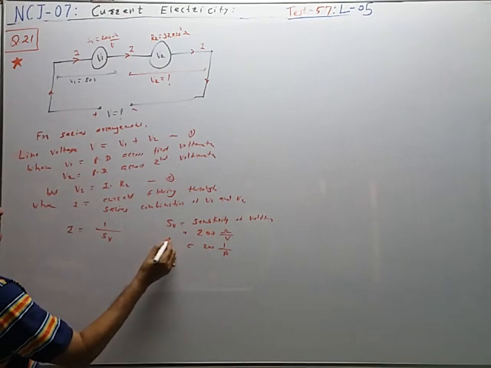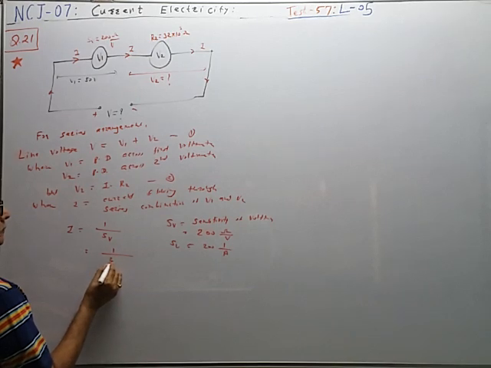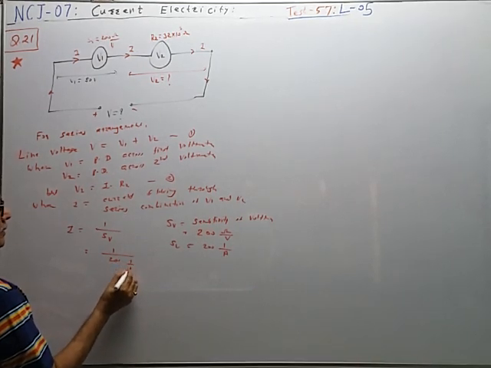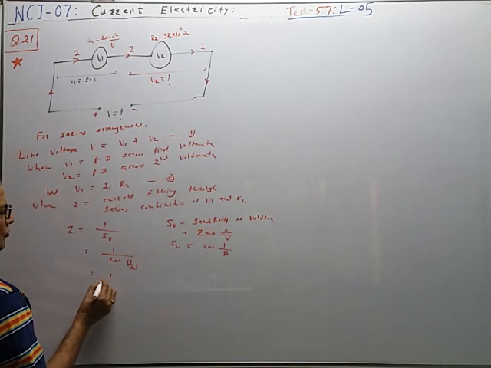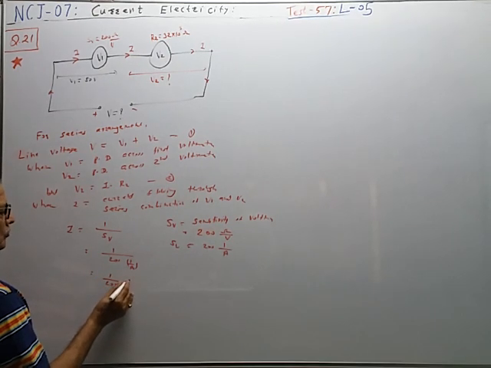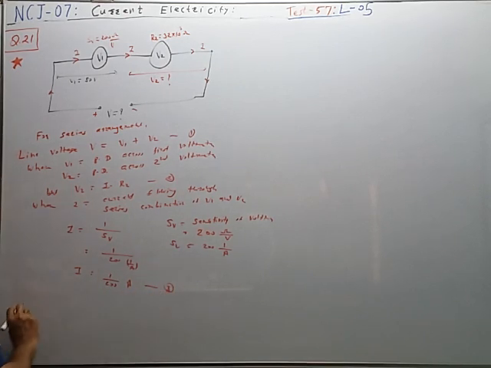Therefore, if we take a reciprocal, we will get the current. So this is equal to 1 upon 200 ampere. This is equation 3.